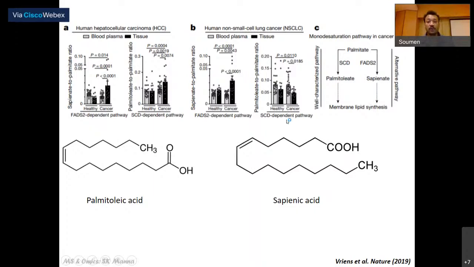So you can imagine that in many cases people may be using SCD inhibitors as a way to reduce cancer cell proliferation and to treat cancer as a potential therapy. But in many cases, if this alternative desaturase activity is present, those patients are never going to respond adequately to the treatment.